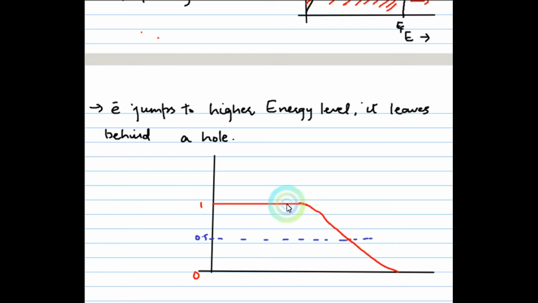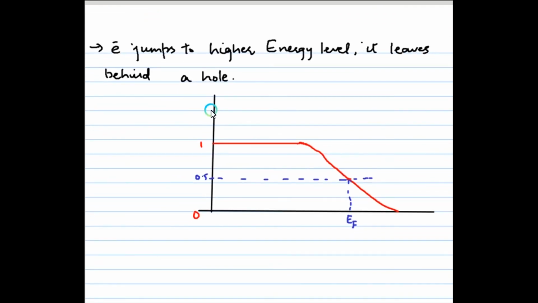And this is EF, that is energy EF. Now for the energy E equal to EF, the probability function has fallen to 0.5. So this is f of E and this is our energy E.